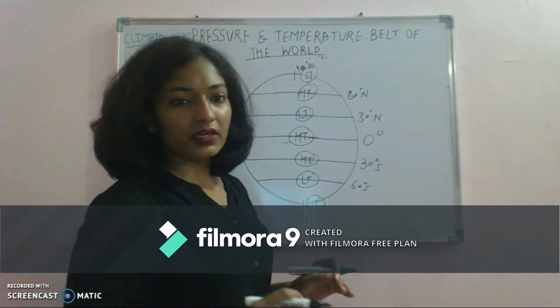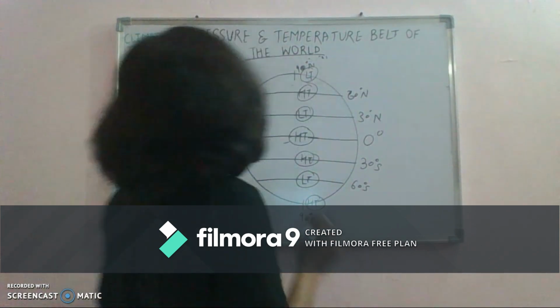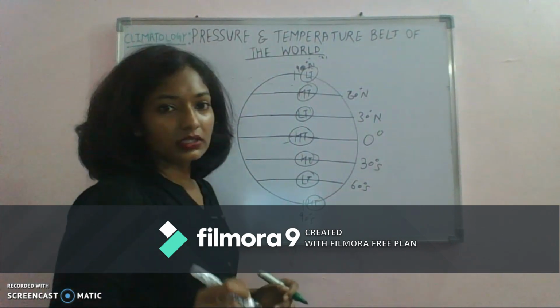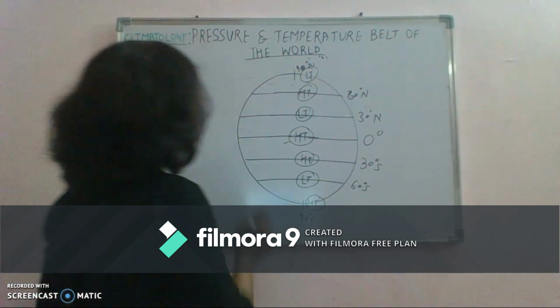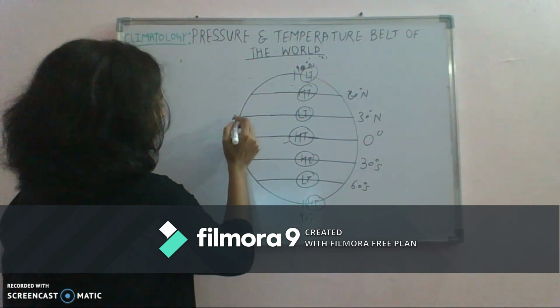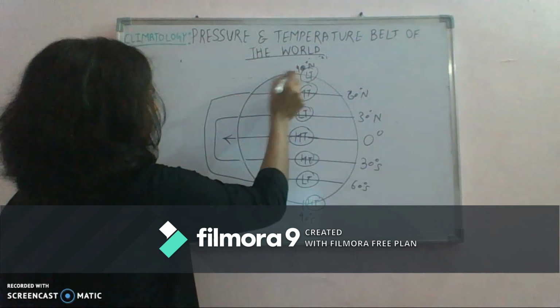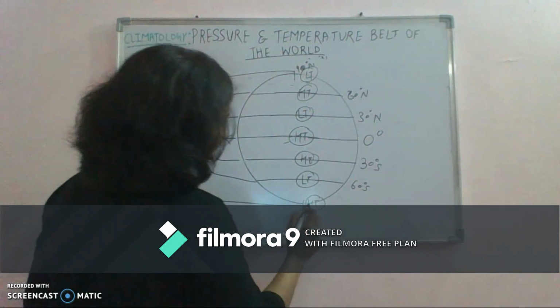Till now we have covered the basics of pressure and temperature belts of the world. In all there are 7 pressure belts. This one, these two, and the last, this one.